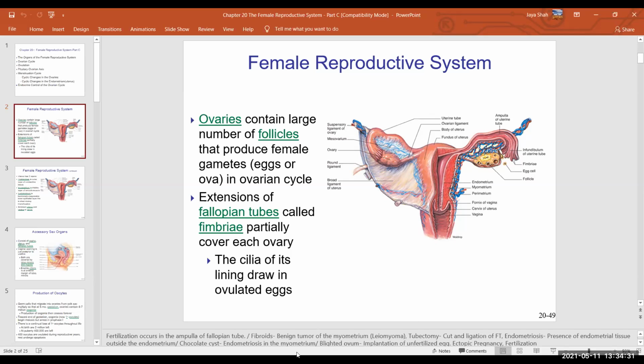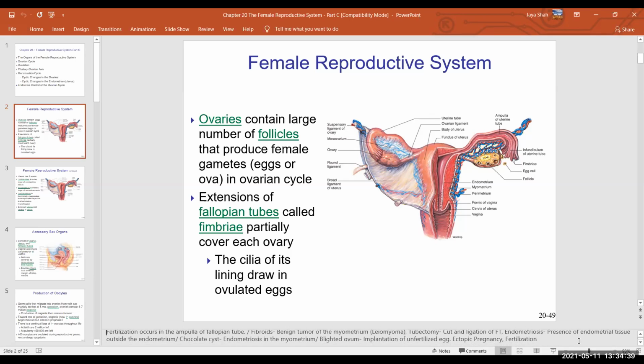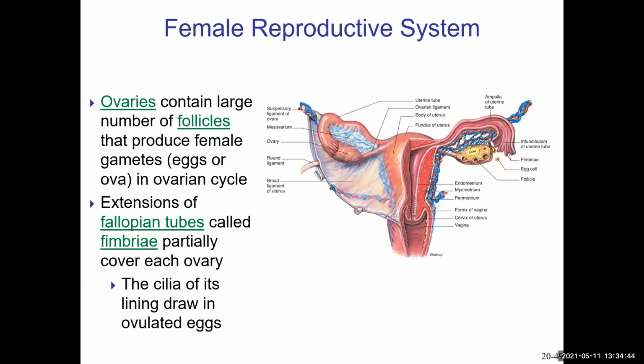That is called blighted ovum. So blighted ovum is implantation of an unfertilized egg. Got it? So these are a lot of terminologies I talked about today, which are not in your slide, but in my notes.